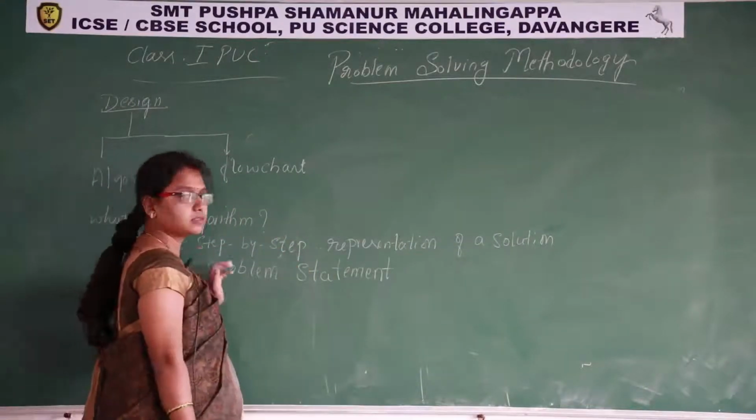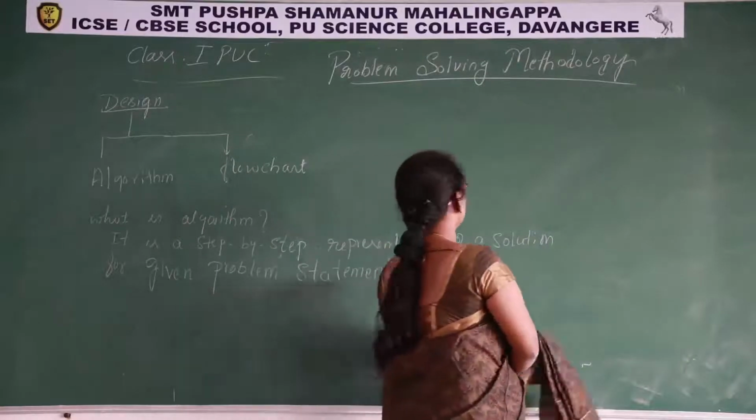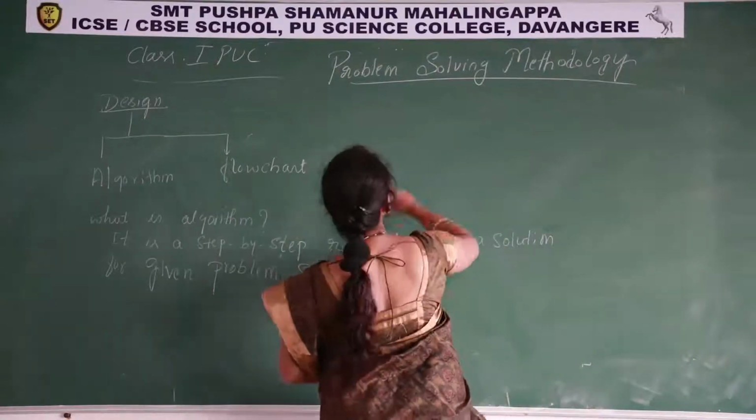So it's called algorithm. Then what are the characteristics of an algorithm?